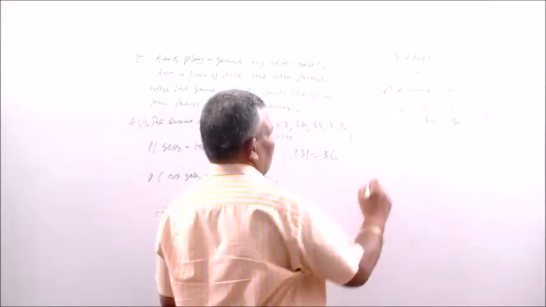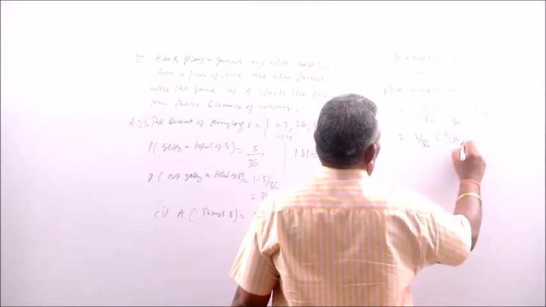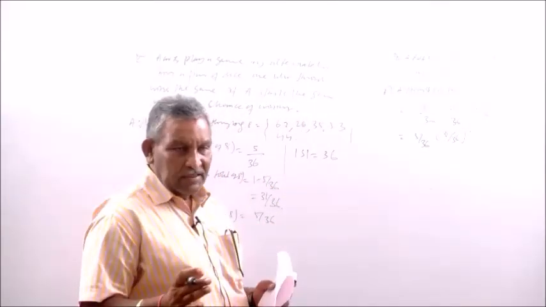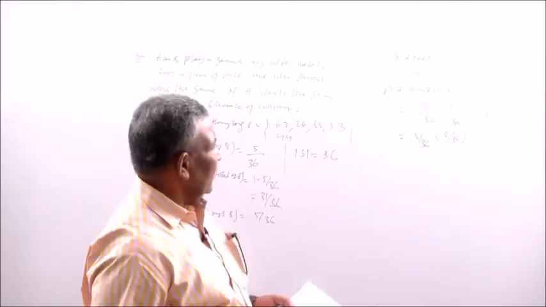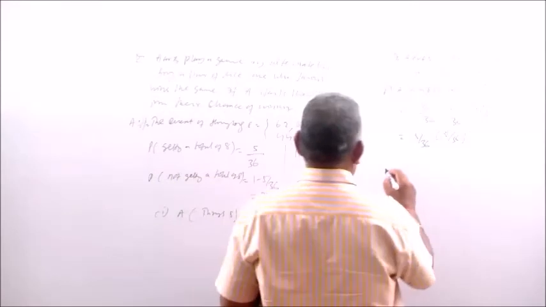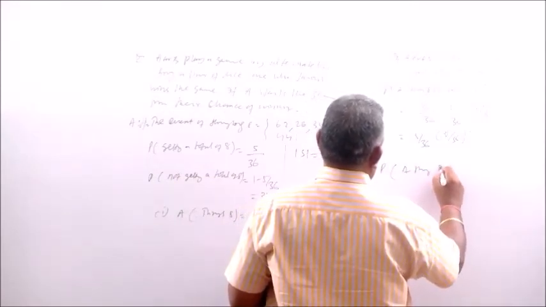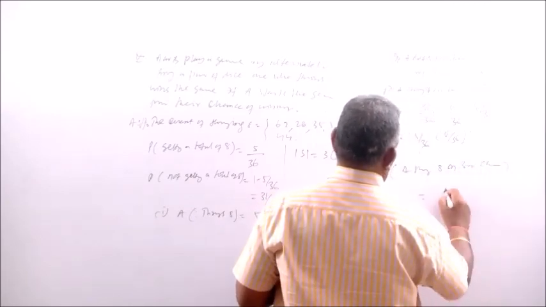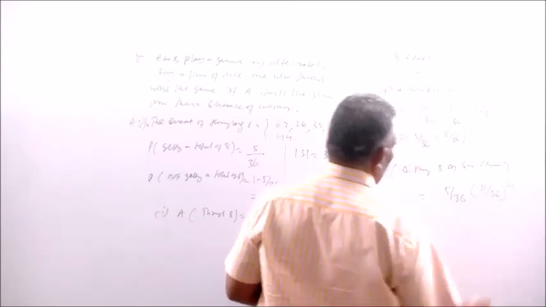That is 5 by 36 into 31 by 36 whole square. In the next throw, if A fails, B fails, again A fails, B fails, then A wins. In that case, A throws 8 in the third chance, 5 by 36 into 31 by 36 whole to the power 4.